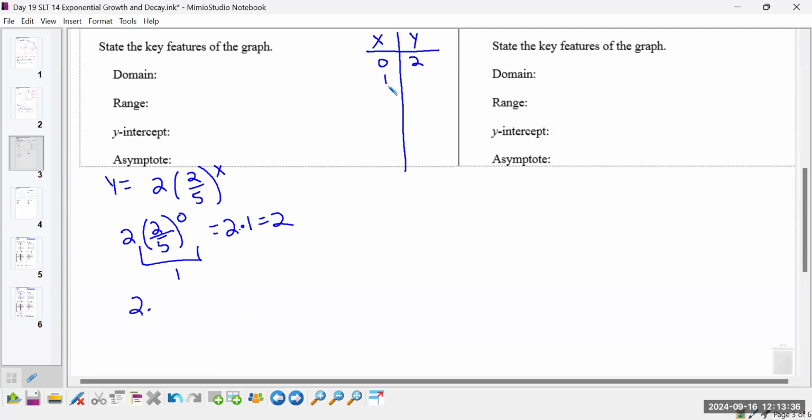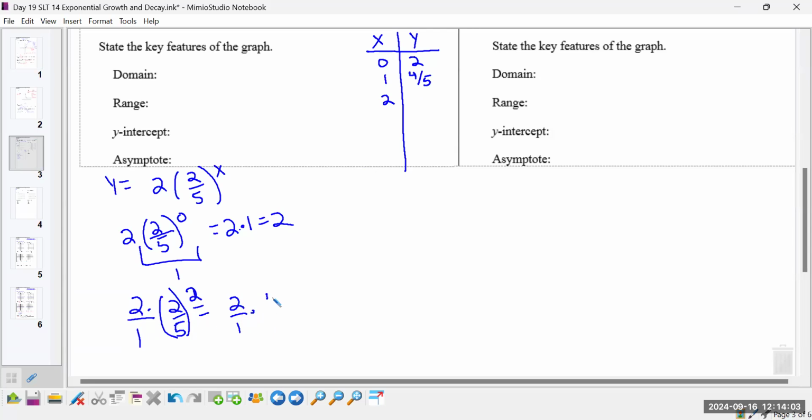Now let's do 1. 2 times 2/5 to the first is just 2/5. So I'm going to put this 2 over 1, and I can multiply across, and I get 4/5. Now let's make this squared. 2 times 2/5 squared: I'm leaving this 2 over 1 because I'm going to multiply by a fraction.